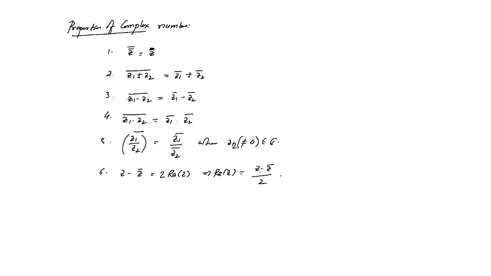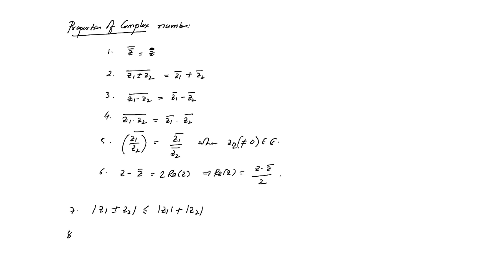So here is one important question related to the modulus. Property number 7: mod of Z1 plus or minus Z2 is always less than or equal to mod Z1 plus mod Z2.